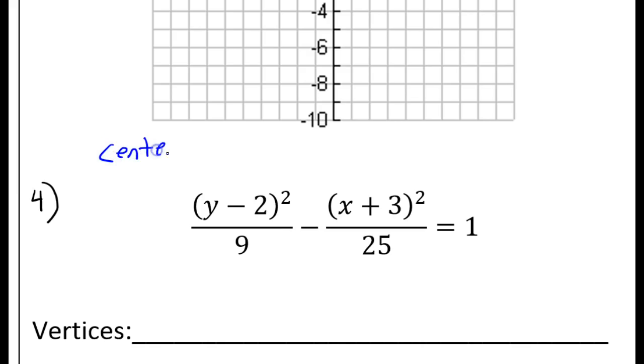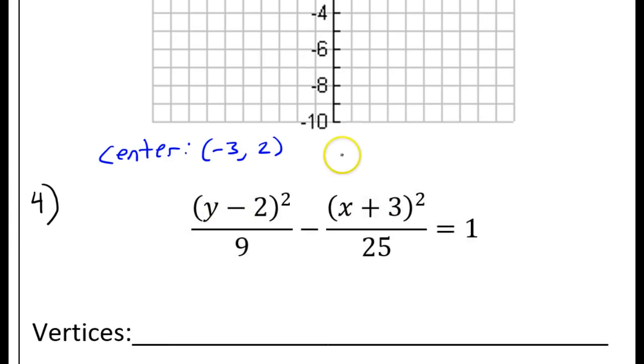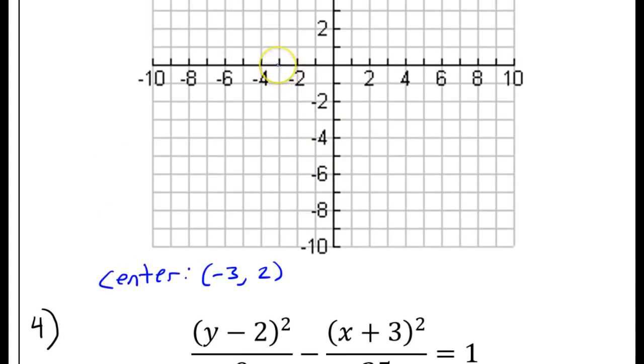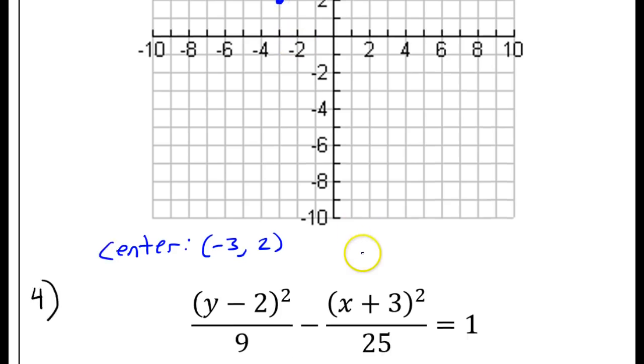So the center is going to be -3, 2. Notice how I had to reverse the order that they're written because the x-coordinate of the center has to come from the x part of the equation, and the y-coordinate of the center has to come from the y part of the equation. So -3, 2, the center is right here.